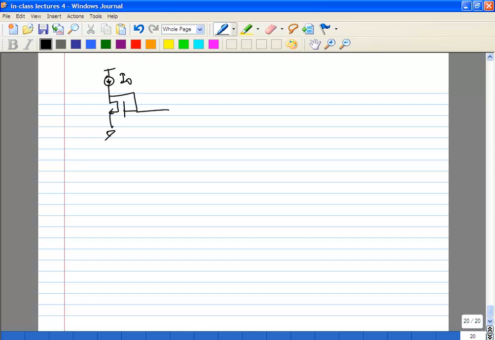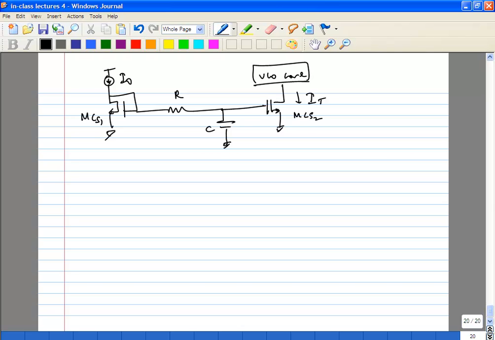So the typical solution would look something like this. This will have a mirror ratio 1:n.